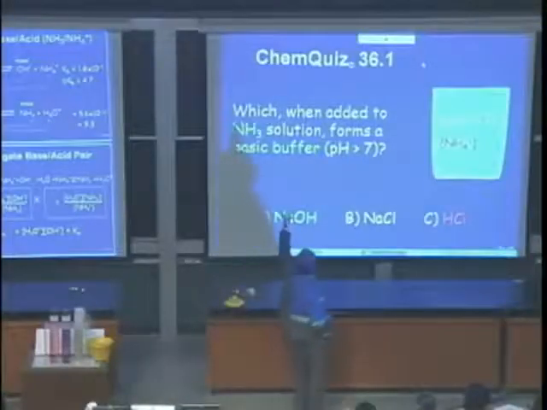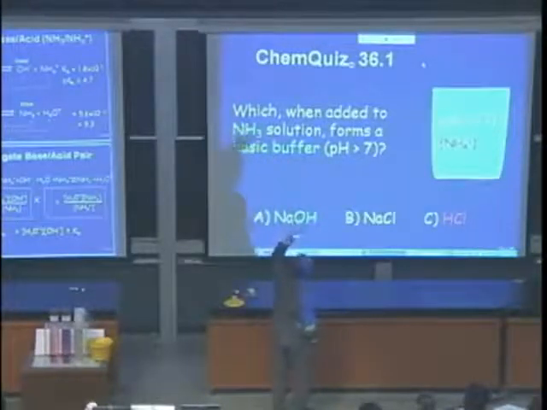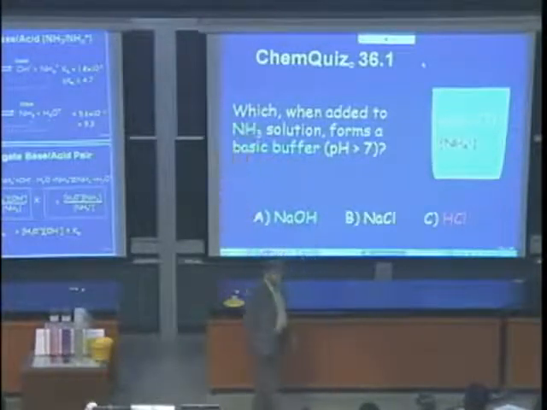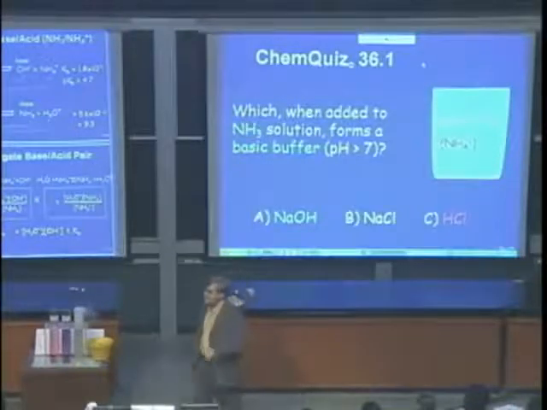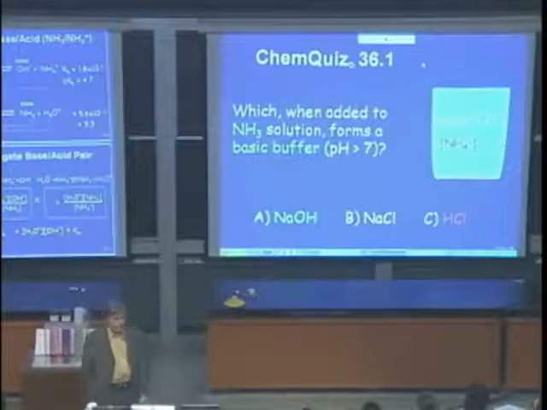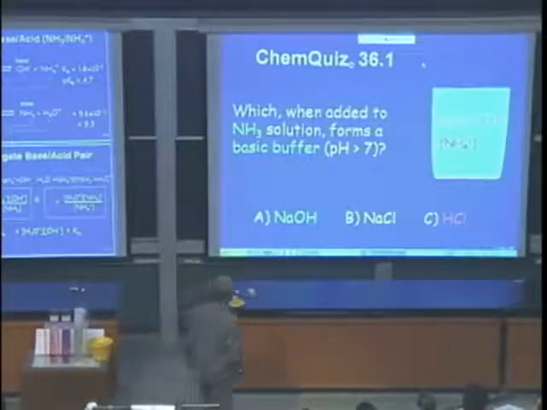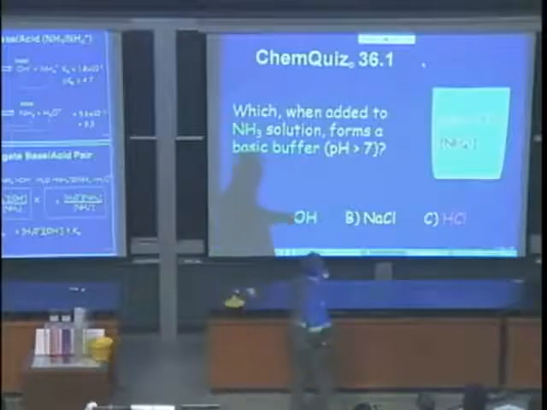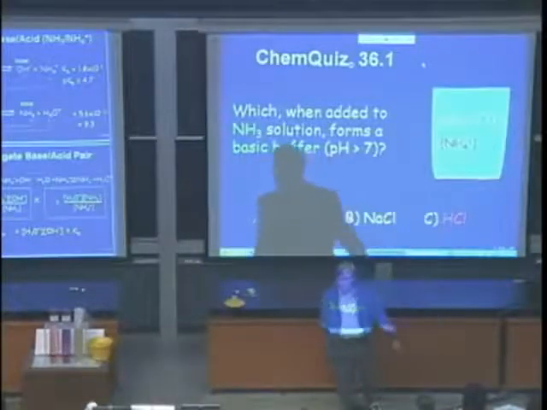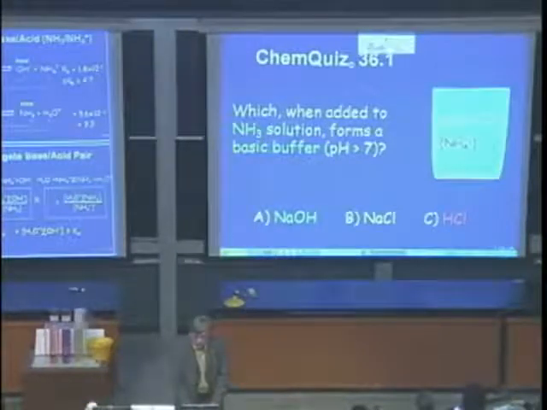So I put in NH3, and I put what in solution? This is the weak base, so what is the conjugate acid of ammonia? NH3, what would be the acid? Where do you get that H plus from? From here, or from here? Why don't you discuss this with each other and give me a revised answer?